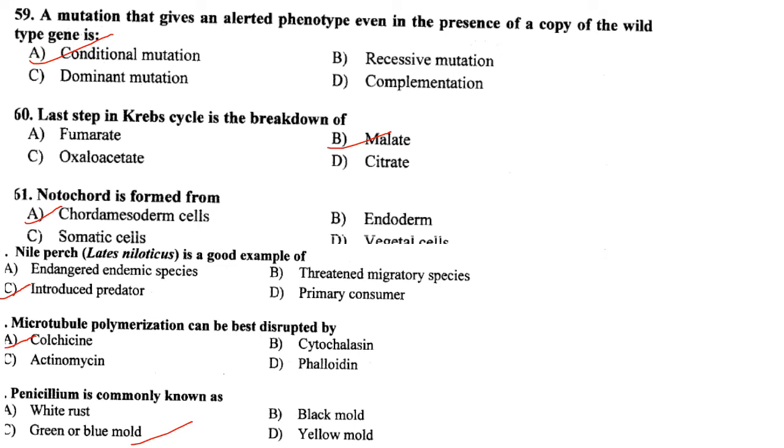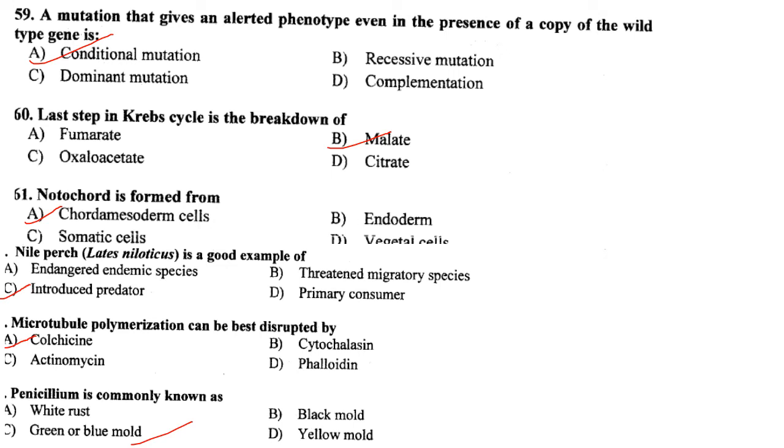So it gives an altered phenotype even in the presence of a copy of the wild type gene. So this is an example. This is due to conditional mutation. So answer is option A.